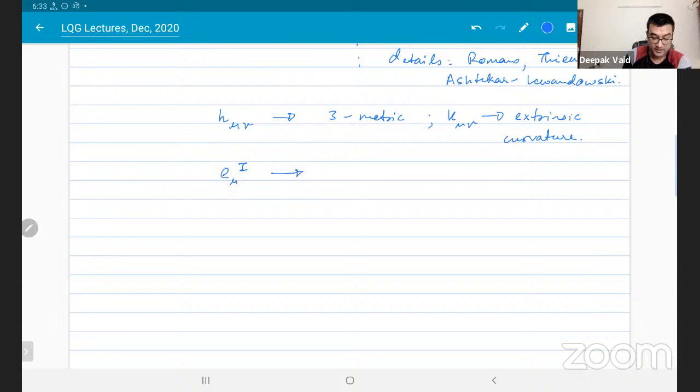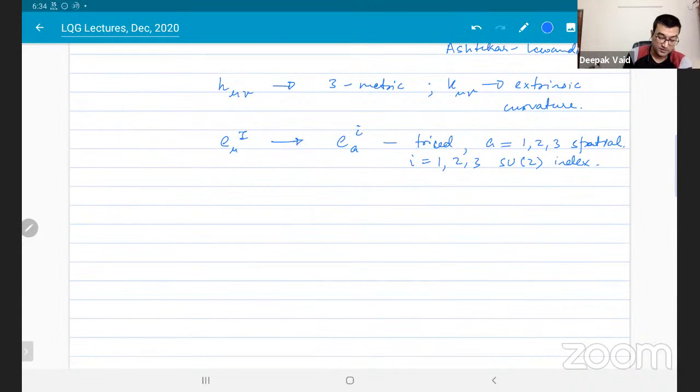What happens is that when you perform this splitting, it breaks up into a triad. So this is a triad. A is a spatial index, and this I is an SU2 index.